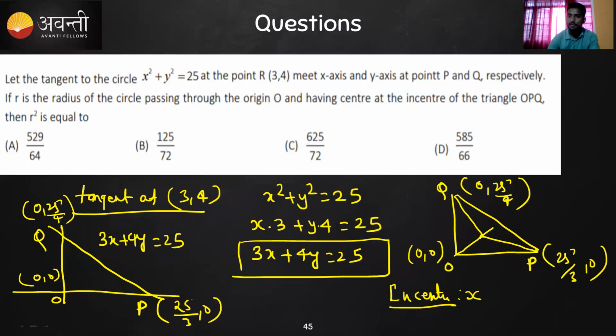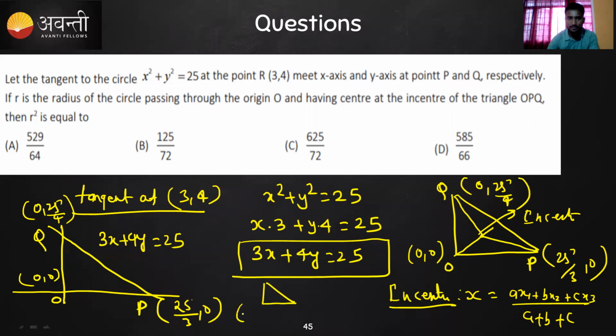This is basically the incenter. The formula for this is (ax1 plus bx2 plus cx3) divided by (a plus b plus c). Suppose this is the thing now.